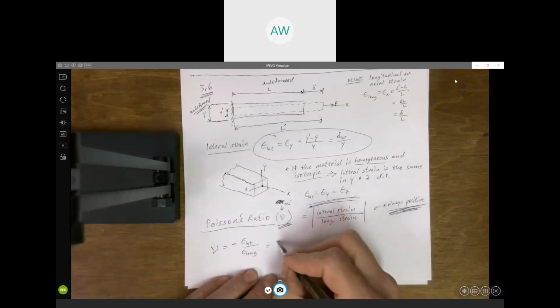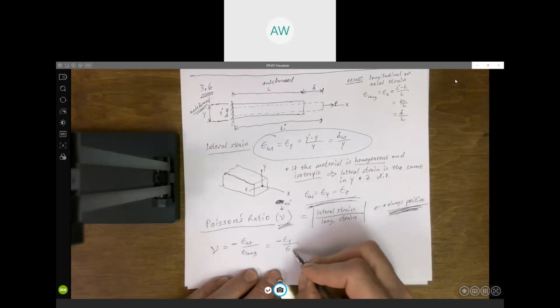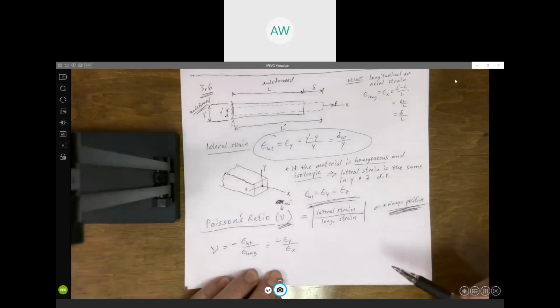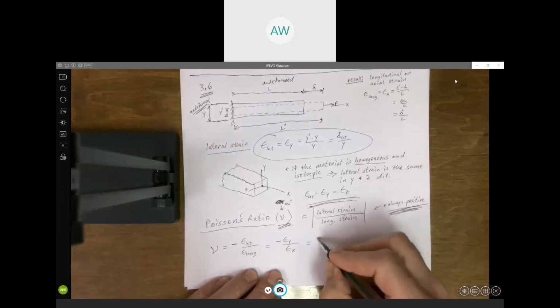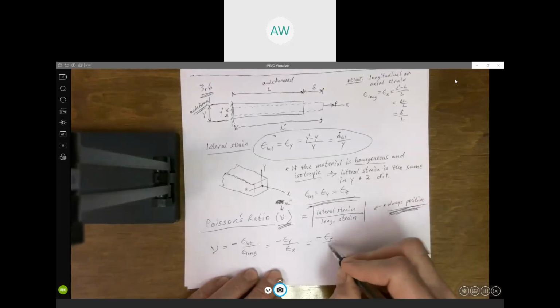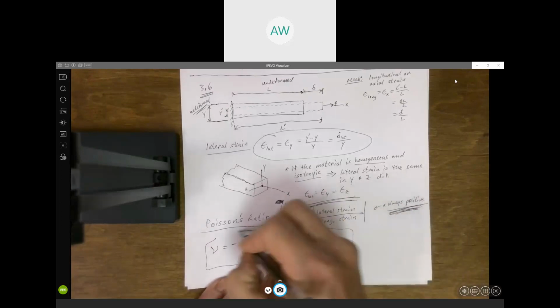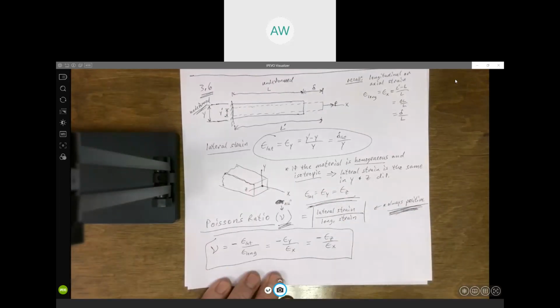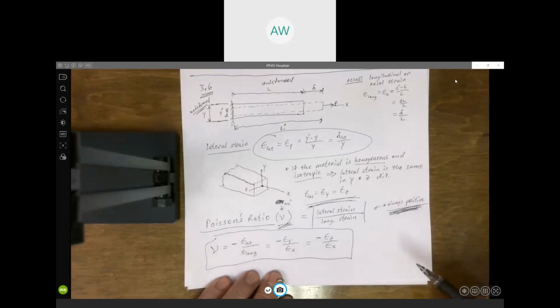Or if you prefer the X, Y, Z notation, it'd be strain in the Y direction over the strain in the X direction, which is equal to strain in the Z direction over the strain in the X. Again, the negative sign is put in there so that you get a positive number because, again, they're going to be opposite signs. If one's positive, the other one's negative.